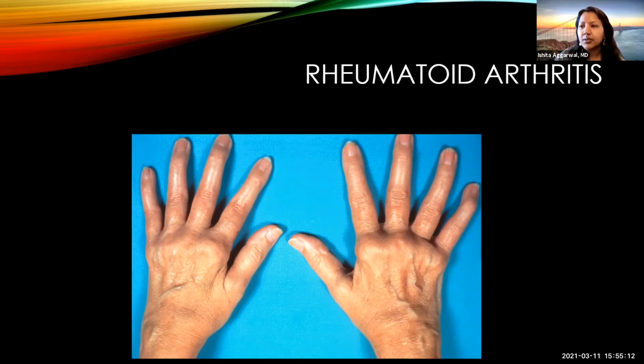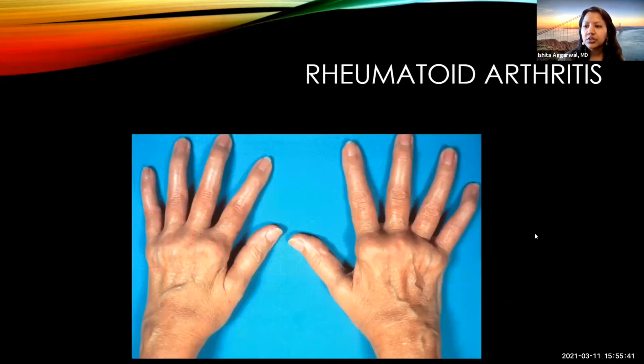Anti-CCP antibody is a little bit more specific for rheumatoid arthritis and can correlate with erosive disease, so more damaging and severe rheumatoid arthritis. In the clinical setting of having symmetric involvement of multiple joints with swelling, a high level of rheumatoid factor antibody is associated with poorer outcomes and a higher predictive value for diagnosis of rheumatoid arthritis.